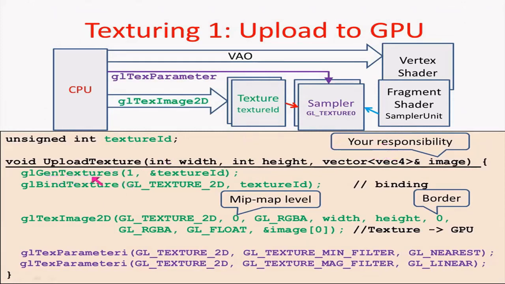The first parameter, similarly to VAOs or VBOs, is the number of IDs to be generated, and the second is an array where IDs are given back. Now we generate just a single ID, so the array has just a single element, or can be an unsigned int.